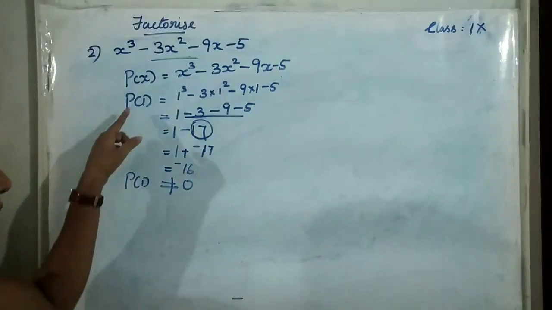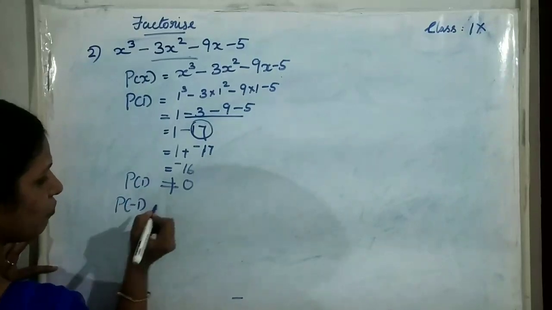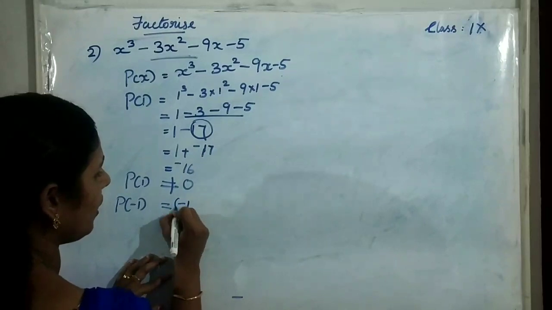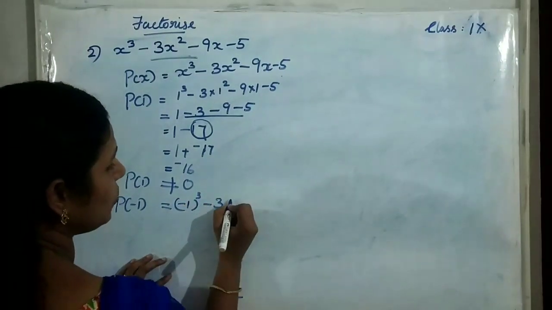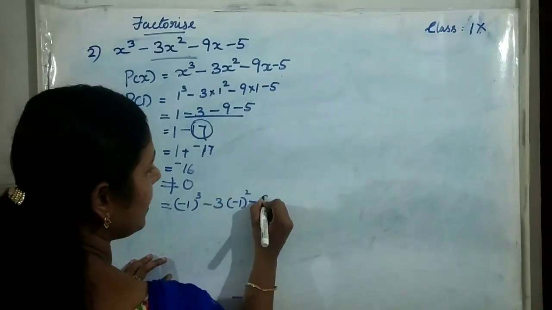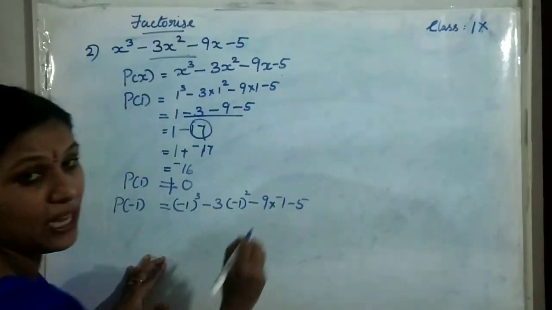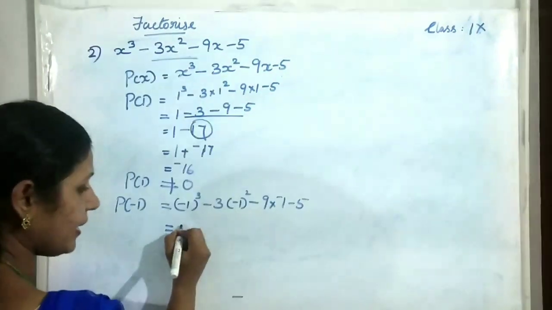So then we go to the next one, that is p of minus 1. Here we substitute: minus 1 cube minus 3 into minus 1 square minus 9 into minus 1 minus 5. Minus 1 cube is what?